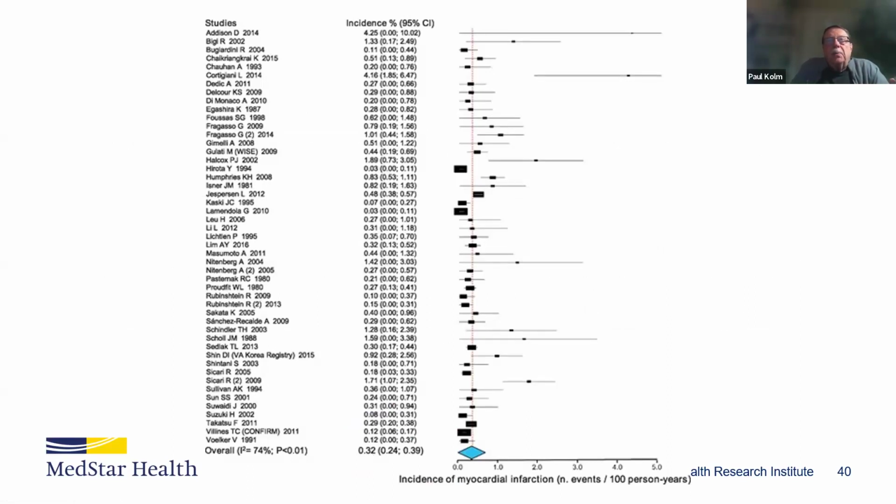And so what they would do then is redo this, each time leaving out one study, and then recompute either the effect size, or I believe this is the rate per person years.